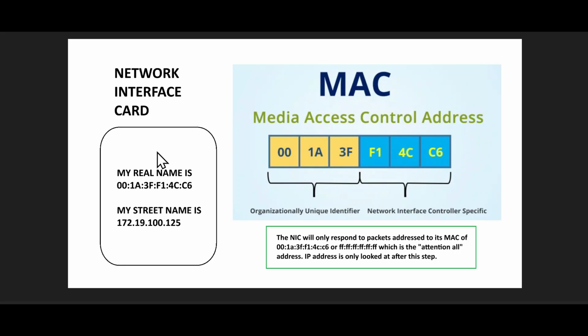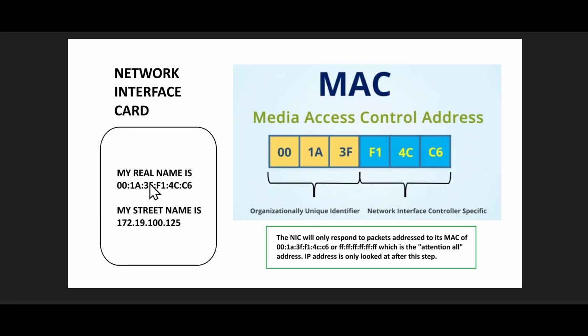This is the key to the entire system: with each step along the way, each device must know the individual MAC address of the device it's talking to, and any other information coming in will be ignored. So if this NIC card has the IP address of this one, 100.125 here, and a packet happened to come in with this address, 172.19.100.125 inside it, it doesn't matter.